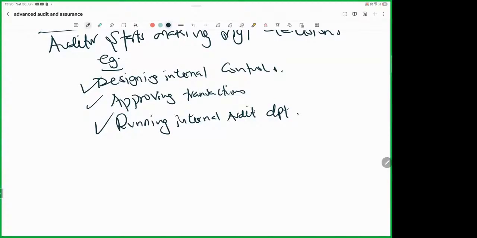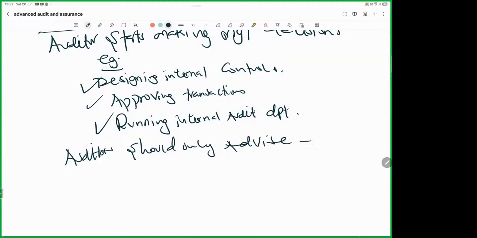All right. Ladies and gentlemen, auditors should only advise, but of course not manage.